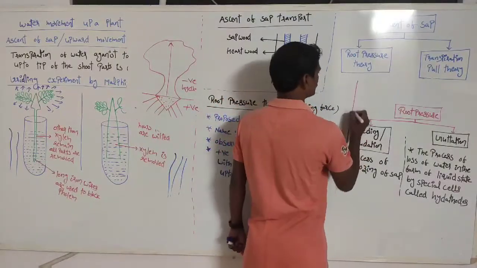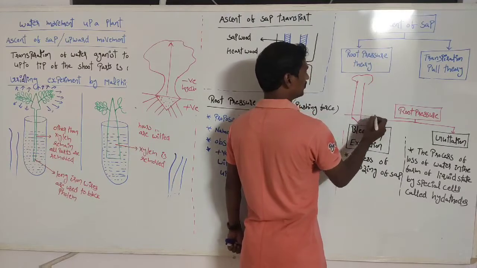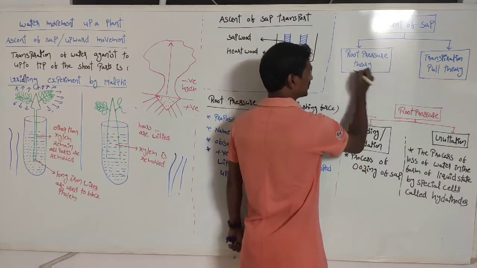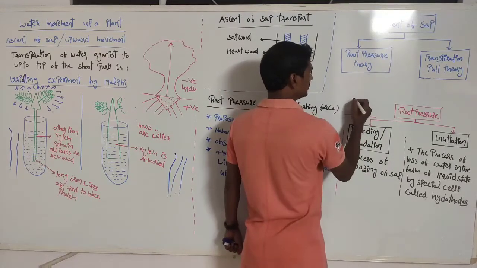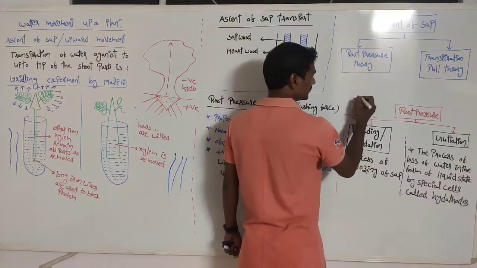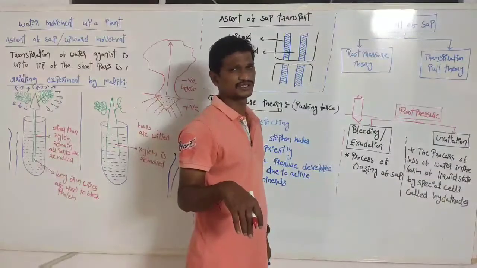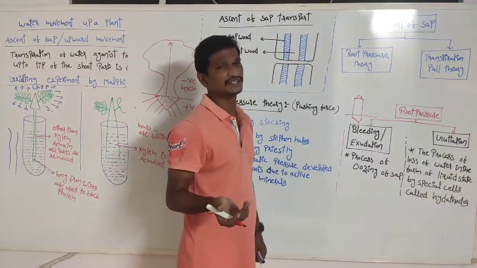This is one of the plants, this is the shoot part, and this is the root part. If we cut the stem, from the stem, after the cutting process, some fluid-like substance is released. That is nothing but bleeding.